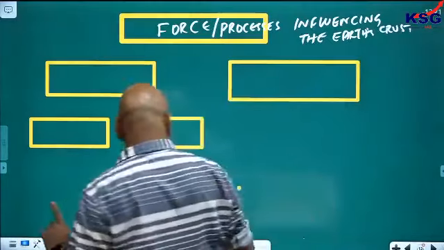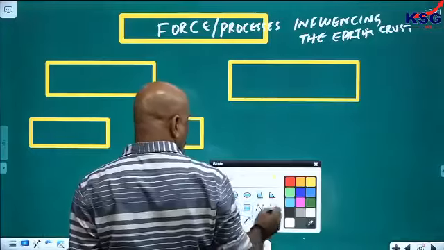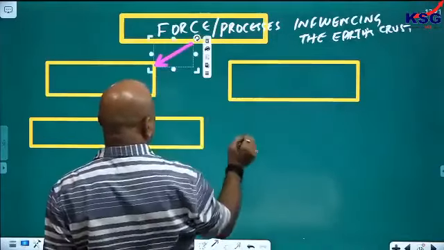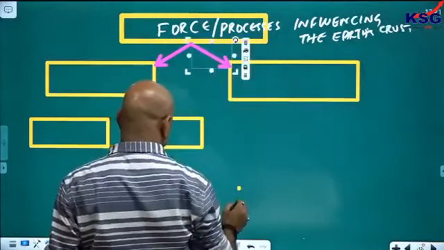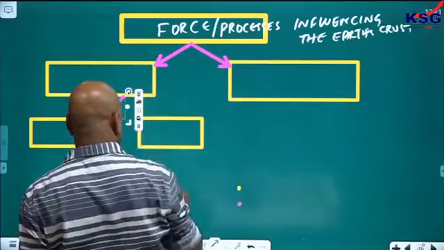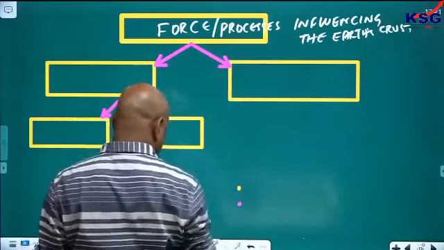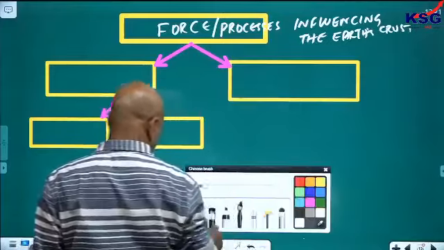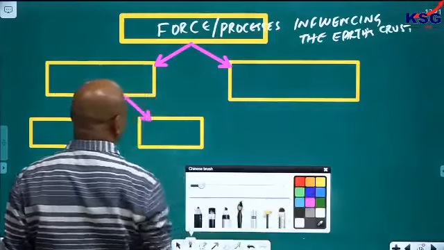There are two types. One which is coming from the earth interior and another which is coming from the atmosphere.